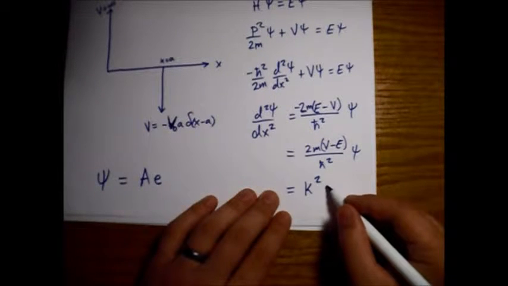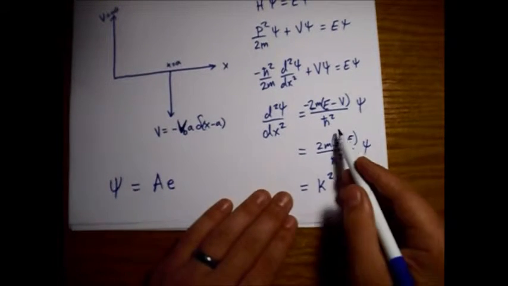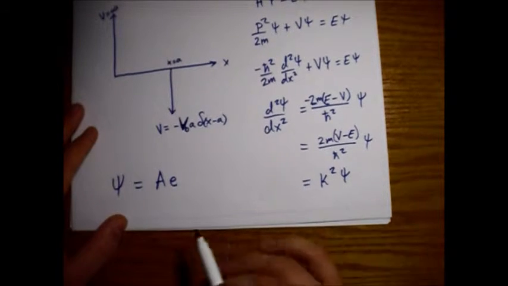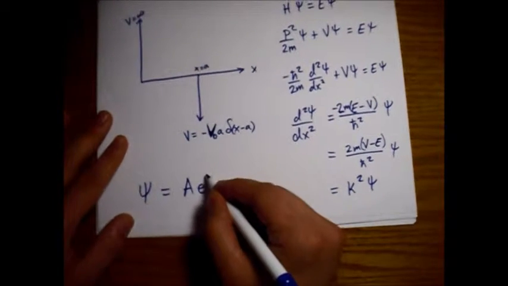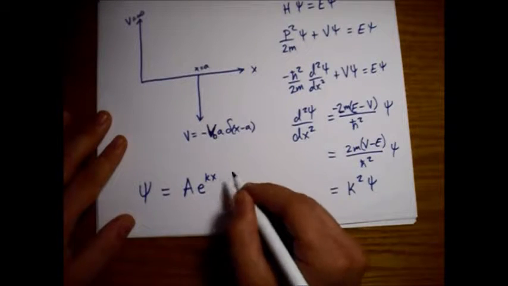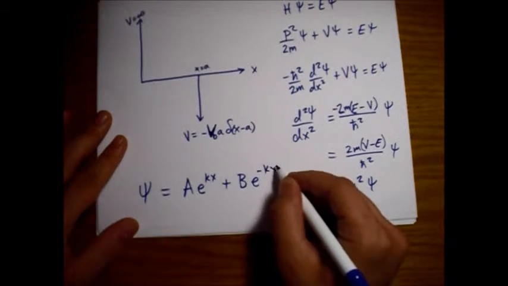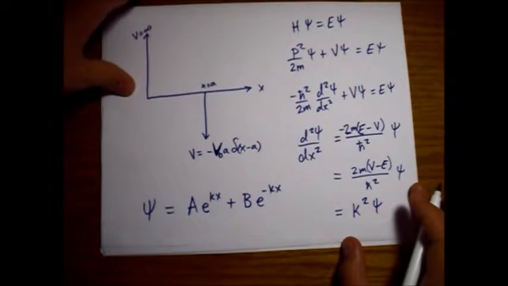So k squared is positive, and we're going to get A e to the kx plus a term B e to the minus kx.